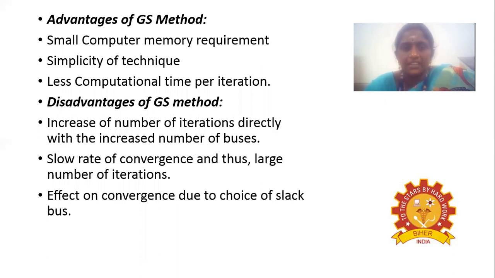If the number of buses increases, the iterations also increase. The rate of convergence is slow, and thus a large number of iterations will be required. The choice of slack bus also has an effect on the convergence.